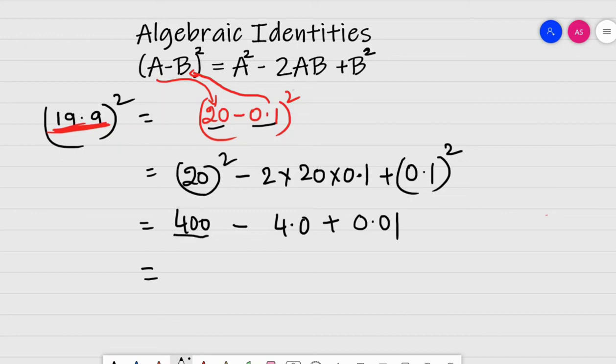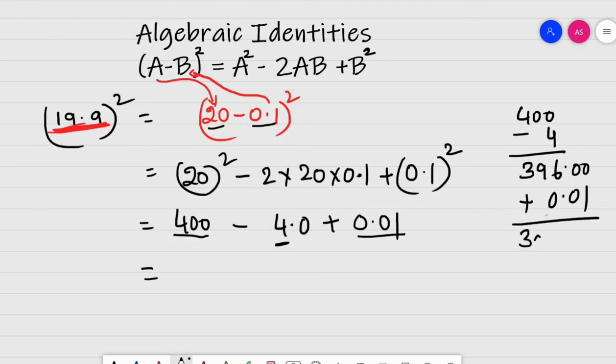See, 400 and 0.01 will be added and minus 4.0, that means 4 should be subtracted. So from here, if you subtract 4, you will get 396. And to 396 you have to add, how much? 0.01. So you will get 396.01.